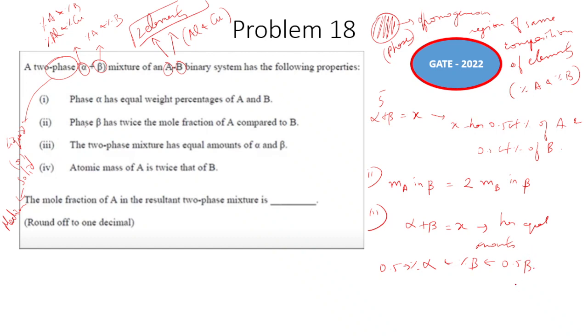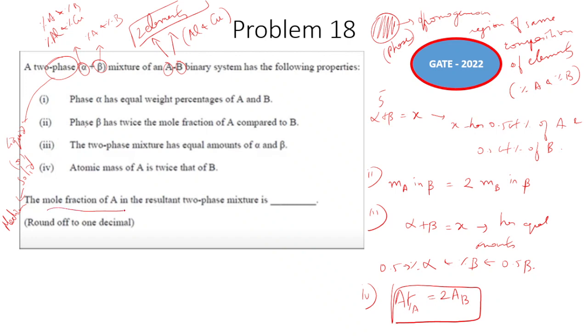So next, what else is given? The atomic mass of A, let's call that capital A again, is twice that of B. Atomic weight of A is twice the atomic weight of B. So these are the four data that are given.